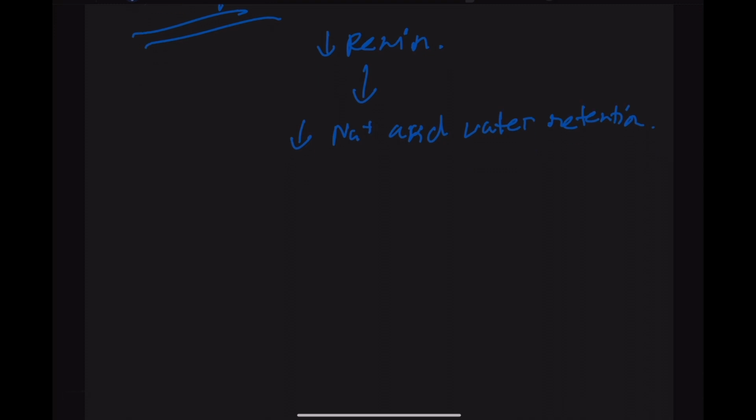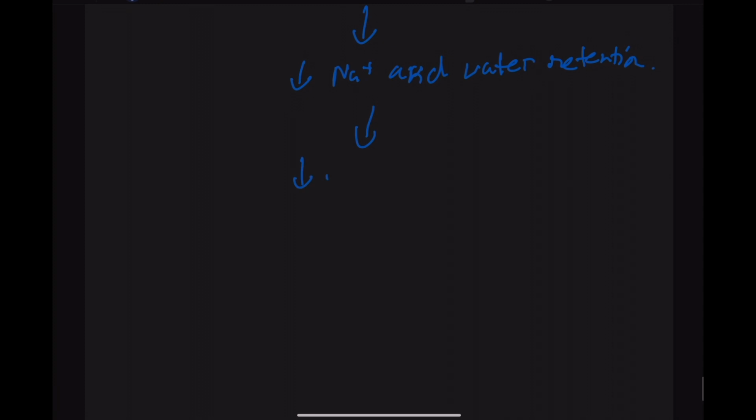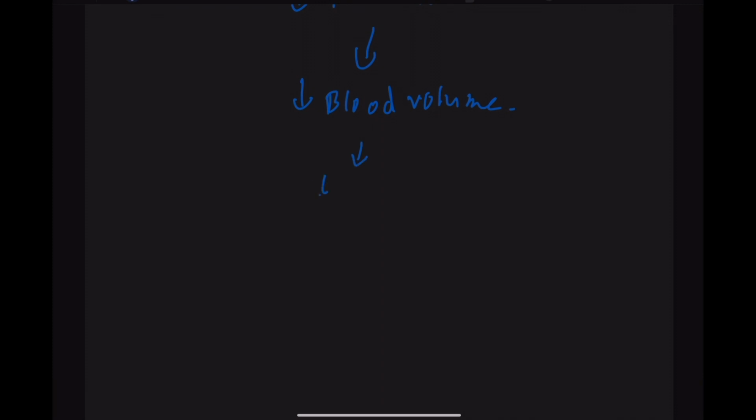So by decreasing the renin, it decreases the sodium and water retention, and it decreases the blood volume, and it will decrease the venous return, and thus decreases the cardiac output and decreases the blood pressure.